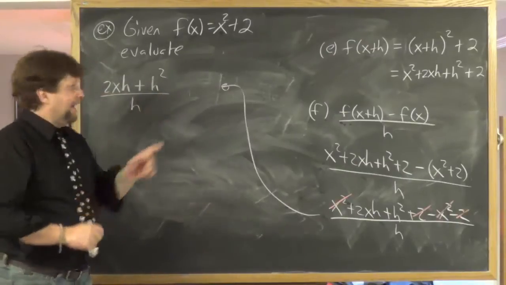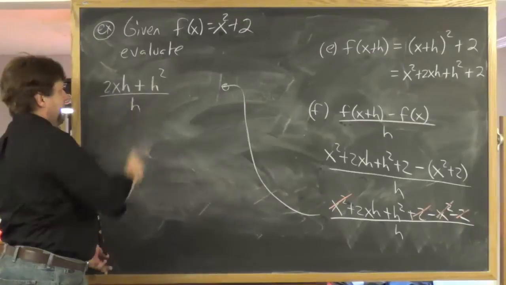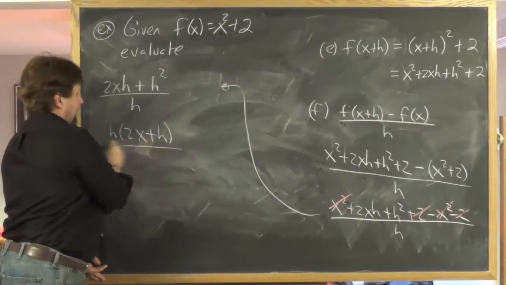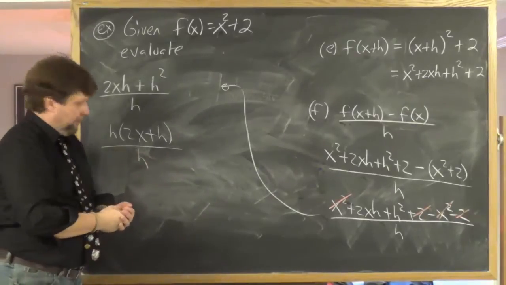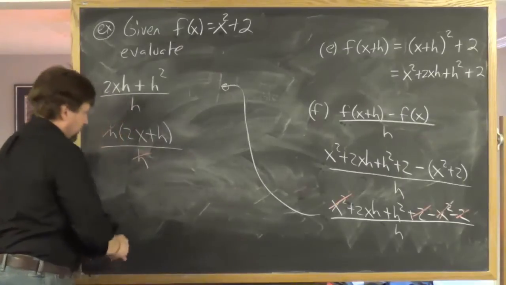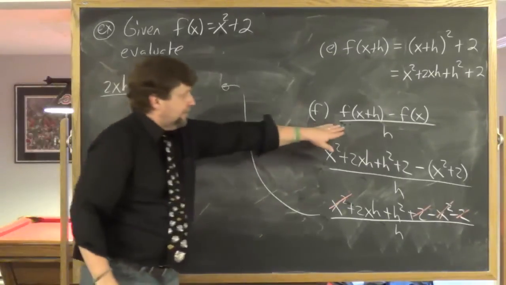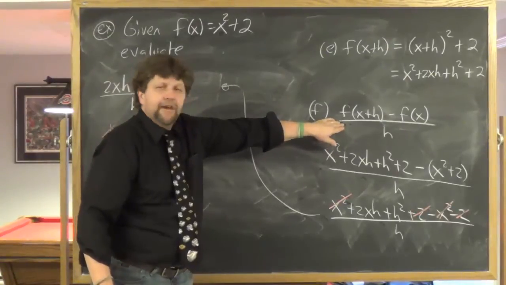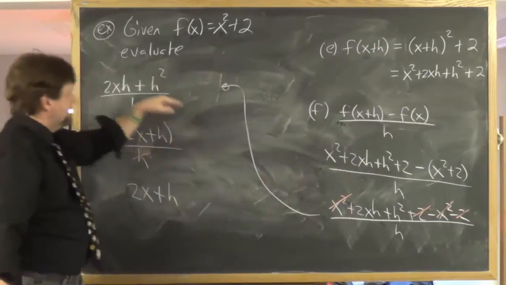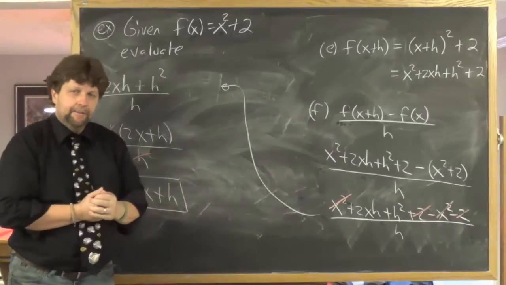So we've simplified it down to this mess. Notice in the numerator we could factor out an h. And once I factor out the h, I'm going to cancel out the h. So look at what this all simplified down to. The f of x plus h minus f of x all over h, it's eventually simplified down to that mess.